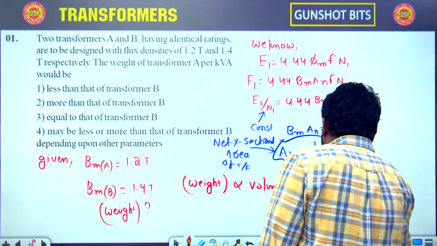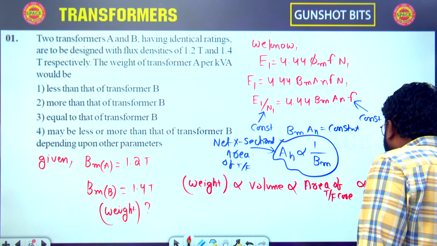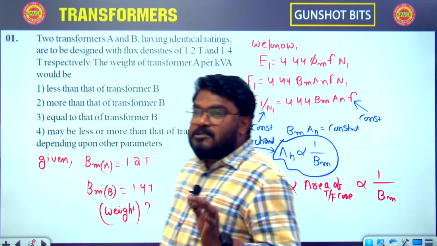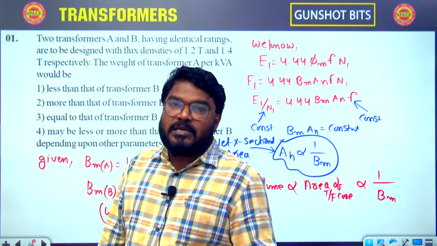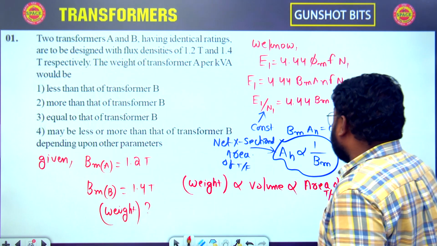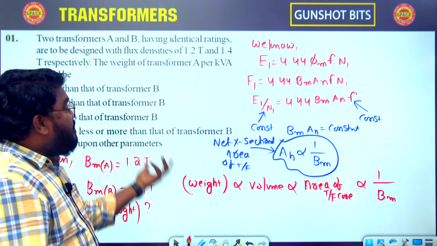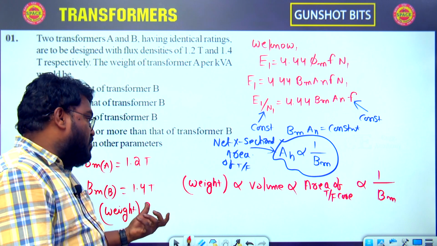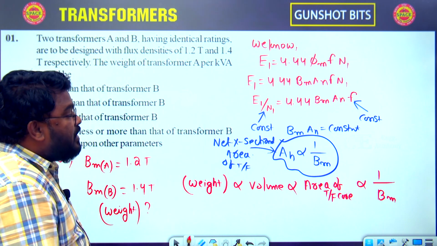This area is inversely proportional to the flux density of the transformer core. The transformer which has a low value of flux density will have more weight, and the transformer which has a high value of flux density will have less weight of the transformer core.